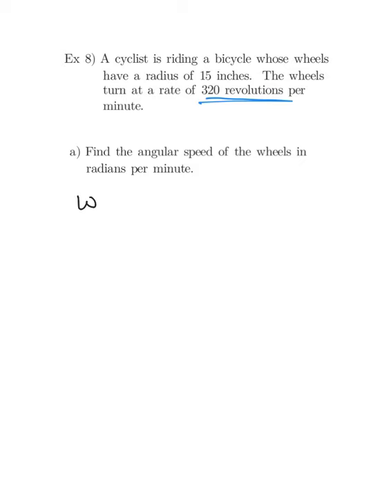Our angular speed then is 320 revolutions per minute times the 2 pi radians that each revolution is. Remember, as soon as you have radians, revolutions goes away.